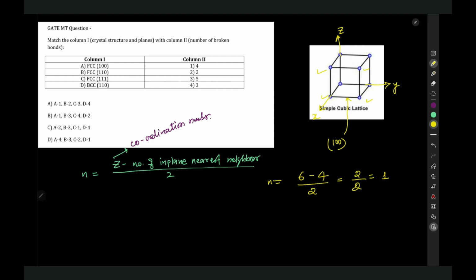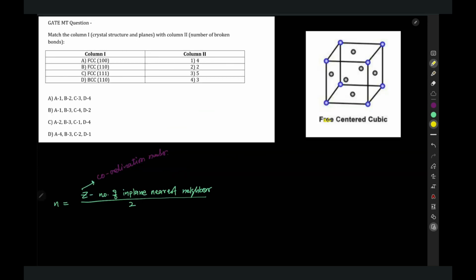Similarly, we will now calculate the number of broken bonds for all the 4 options. First of all, we will calculate the number of broken bonds for the 100 plane of FCC. In the diagram, the 100 plane will be this. The number of broken bonds n equals the coordination number of FCC, which is 12, minus the number of in-plane nearest neighbors. From the figure we can draw a separate diagram like this.